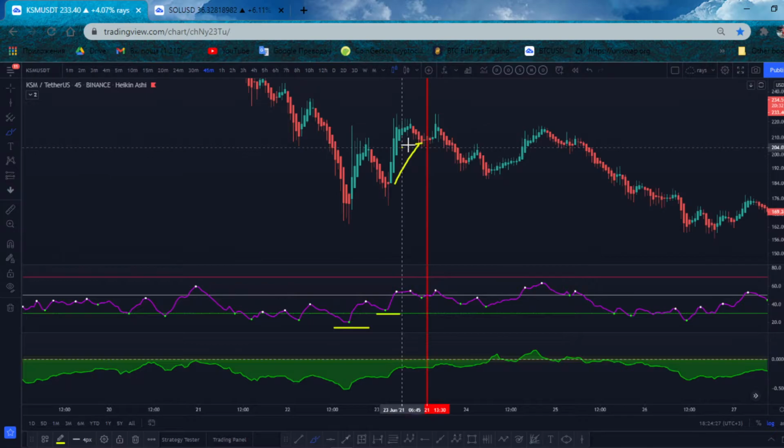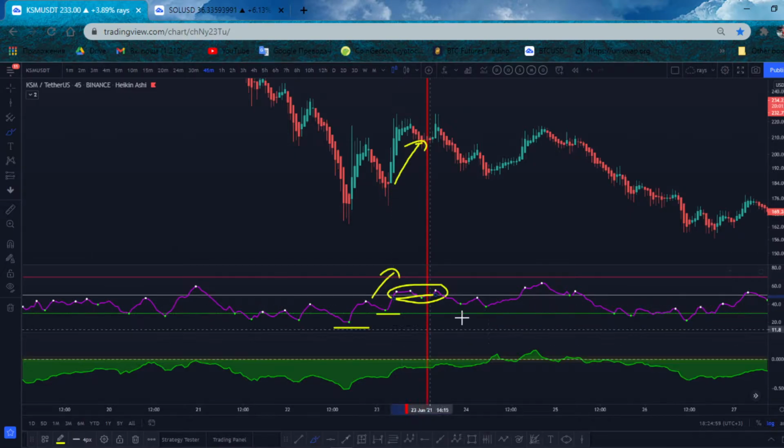But what's happening next? That's the important thing. On the RSI, we see that the strength of the RSI, the trend of the RSI, is reaching the middle region right here, but it doesn't go confidently above it. It's consolidating here.